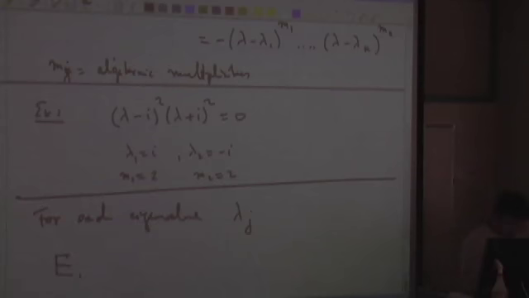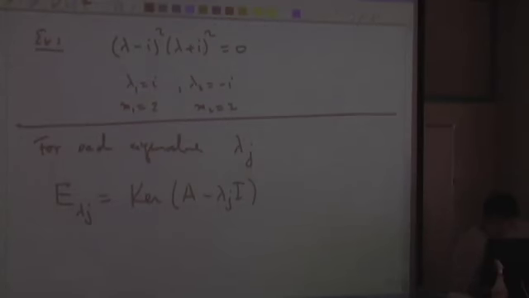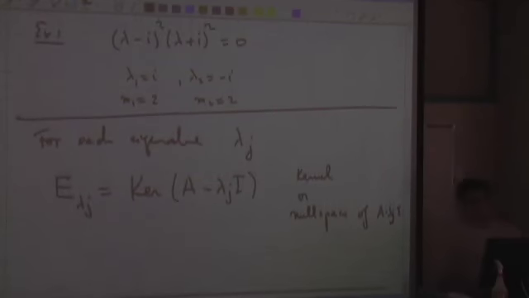E of lambda j, which is the kernel, I'll say in a second what it is, of A minus lambda j identity, is called a kernel or null space of A minus lambda j I. And it could be denoted by another notation too.